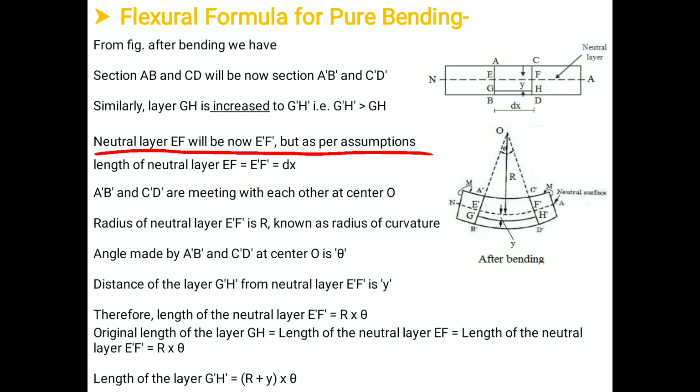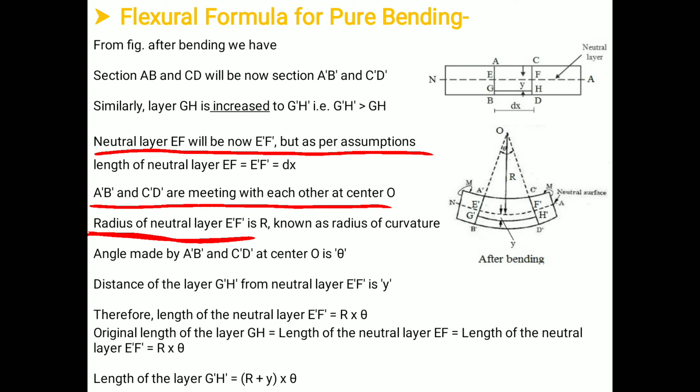Now A'B' and C'D' are meeting with each other at center O. If you concentrate on the figure, you can observe that A'B' and C'D' will meet at center O. This is the center O. Therefore, as they meet at the center O, R is the radius of the neutral layer E'F'. The radius of the neutral layer E'F' is equal to R, which is known as the radius of curvature.